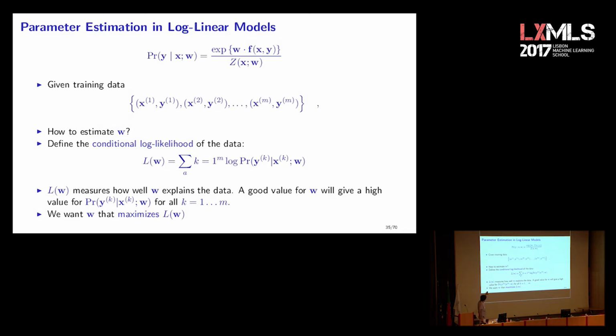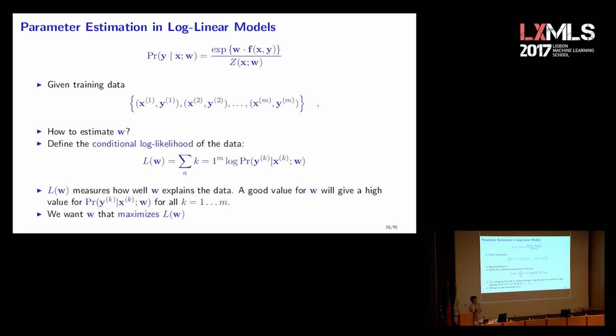So the likelihood of a model measures how well this model, which is represented by W, explains the data. Okay, meaning that for a good value for W, the data is fixed, and we have two W's, and we want to choose which of the two is better. So we will pick the W that gives higher probability to my data, because the data is the truth.